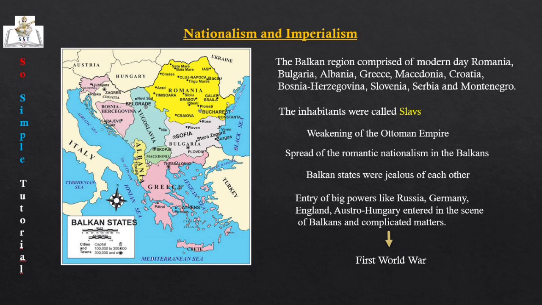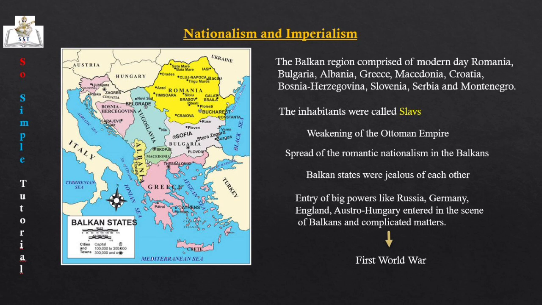The second reason was the spread of romantic nationalisms in the Balkans. The Balkan people started claims for their independence. They used history to prove that they had once been independent, but had subsequently been subjugated by foreign powers. If you can recall, Greece had declared independence from the same Ottoman Empire. Hence, different groups of people began to struggle to win back their long-lost independence.